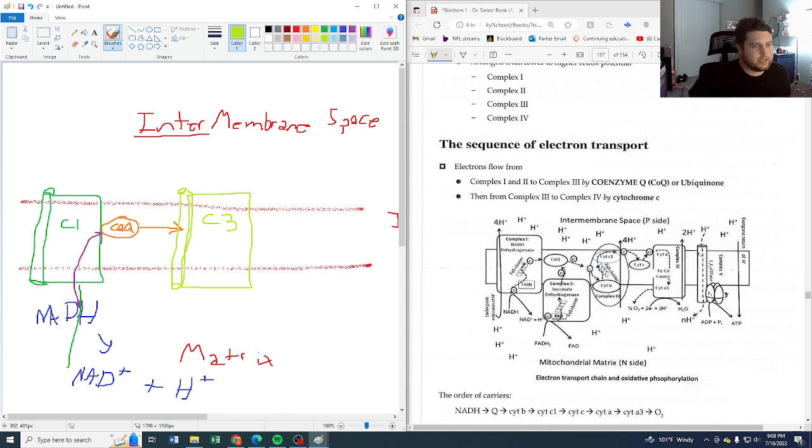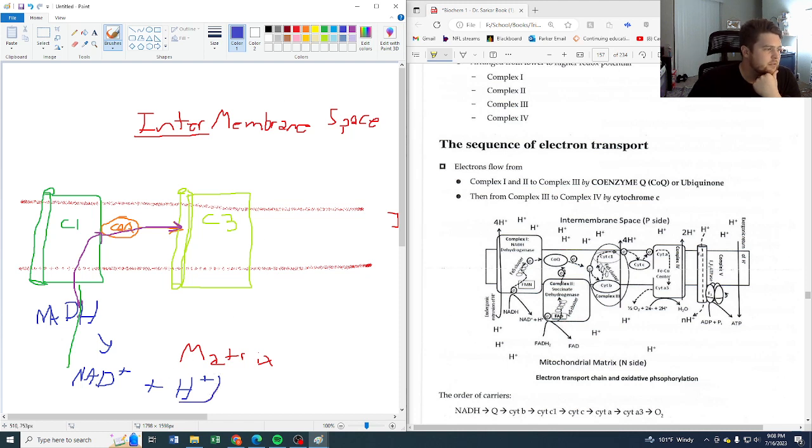So that CoQ, or the coenzyme Q ubiquinone, is going to transport these electrons to the complex 3. When that happens, right here, our complex 1 also has this little tunnel. When the electrons are here on complex 1, that increases the energy it has, and it actually will open this tunnel.